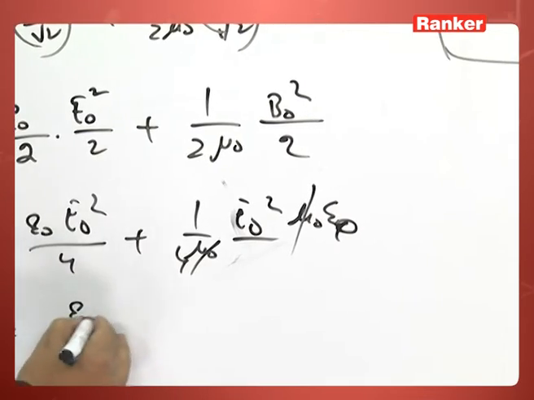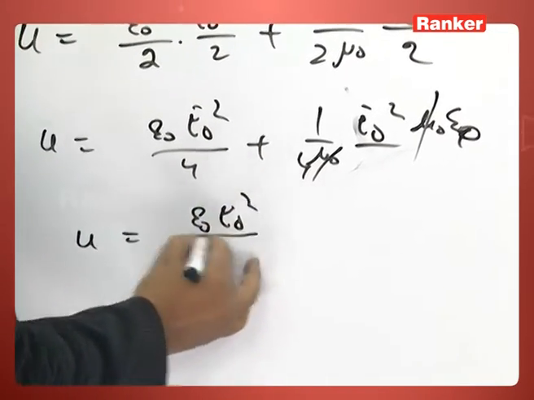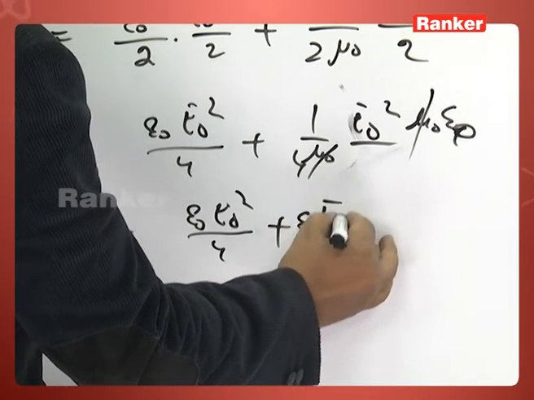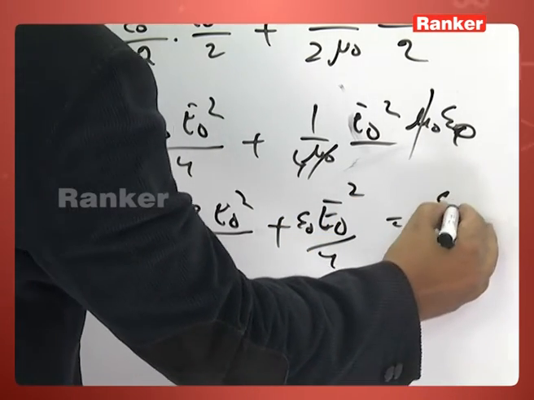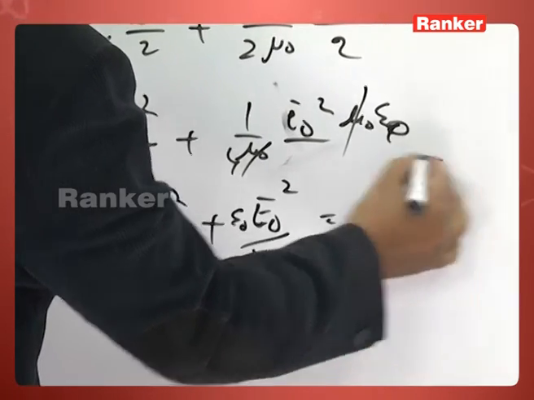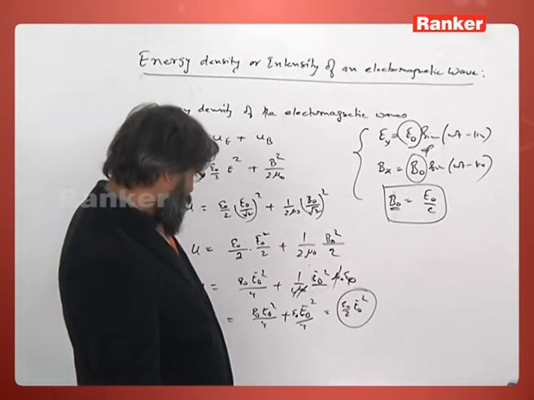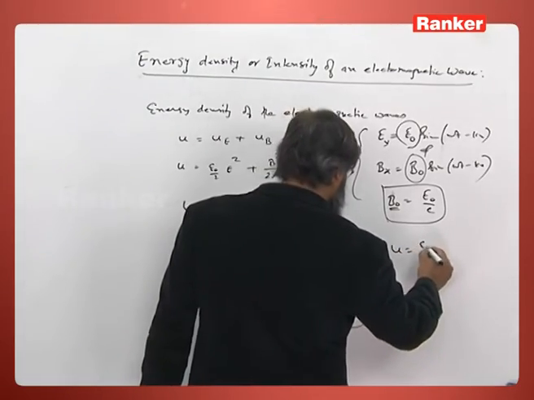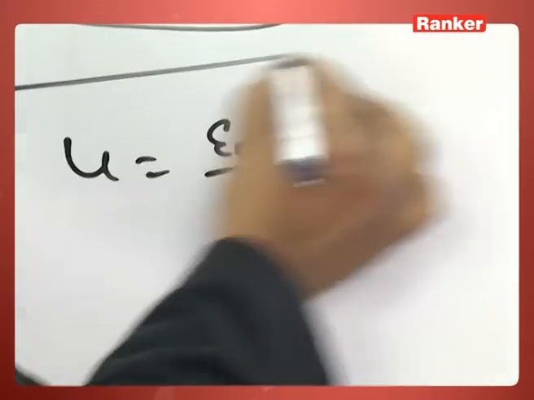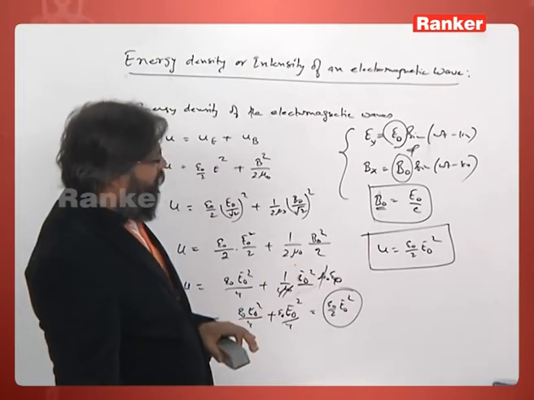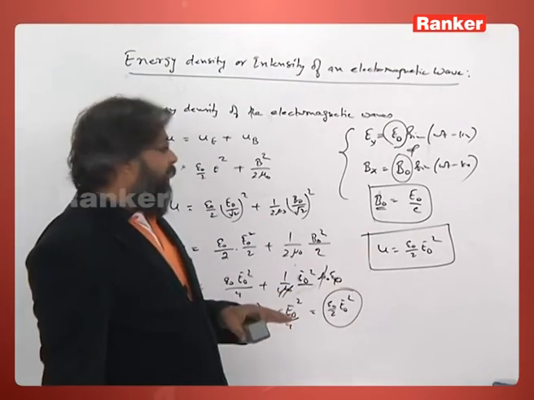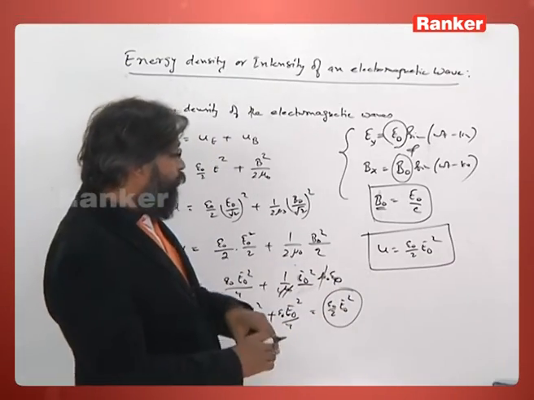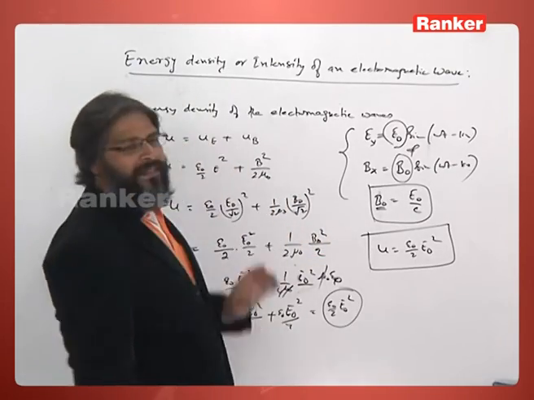So we have epsilon naught E naught square by 4 plus epsilon naught E naught square by 4, that is epsilon naught by 2 E naught square. So this is the energy density U which we got, the total energy carried by this wave.